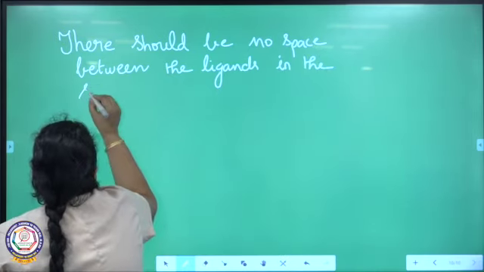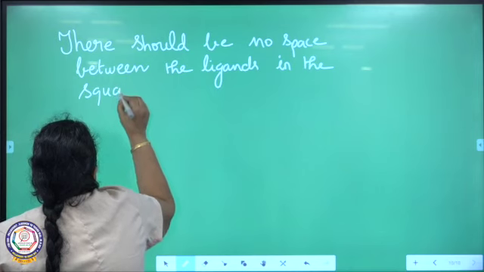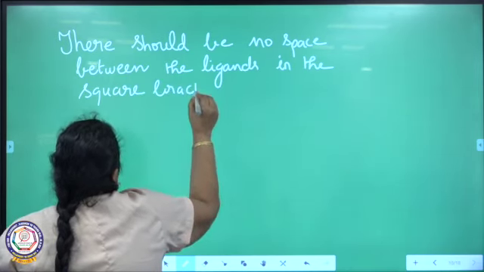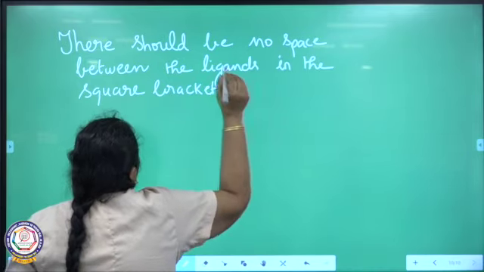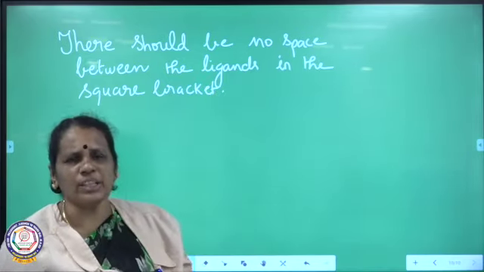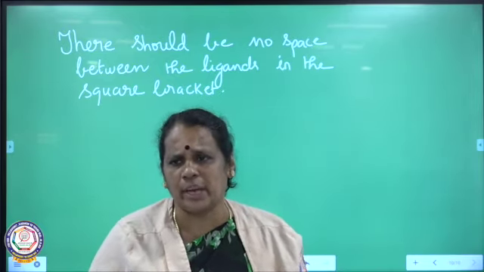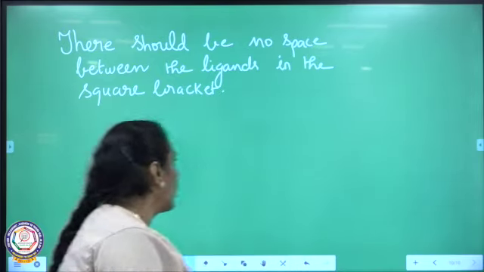This is another rule. So when you are writing the ligands in the square bracket, we need not leave space between the ligands in the square bracket. I am going to give an example now.